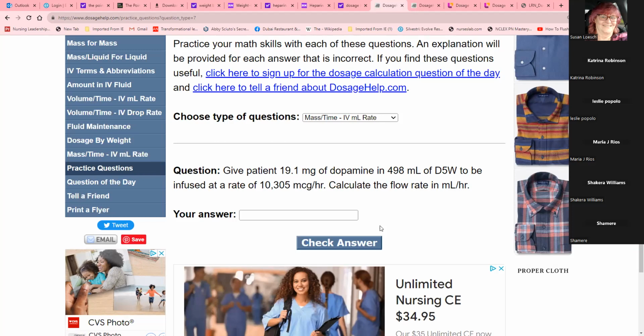So for me, I would just take my 10,305 divided by 1,000 and then put it on top of my 19.1 per 498. You with me? Mm-hmm. Do the conversion that's going to make it easier for you. I like smaller numbers, so that's why I would do it that way. So I don't get myself confused.